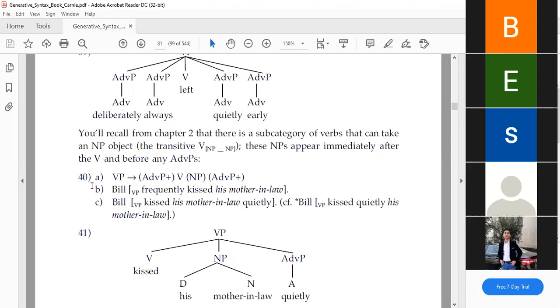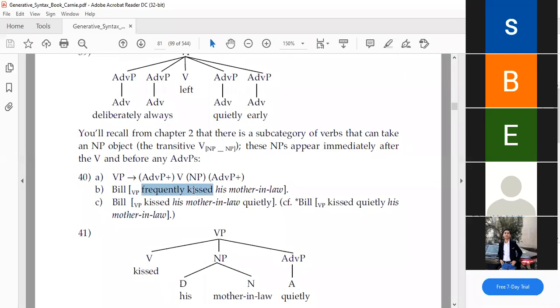Example 40B: Bill frequently kissed his mother-in-law. Bill is the subject NP. If I ask you in the exam, what is the VP: kissed, kissed his mother-in-law, or frequently kissed his mother-in-law? It is frequently kissed his mother-in-law.